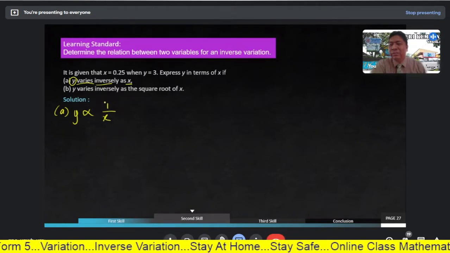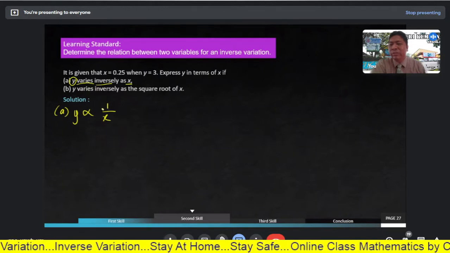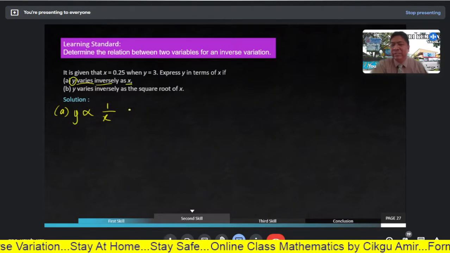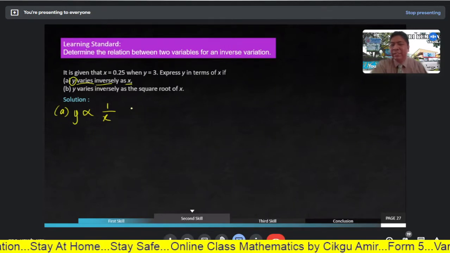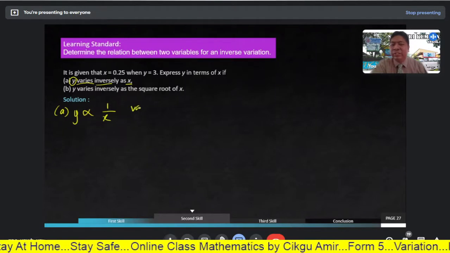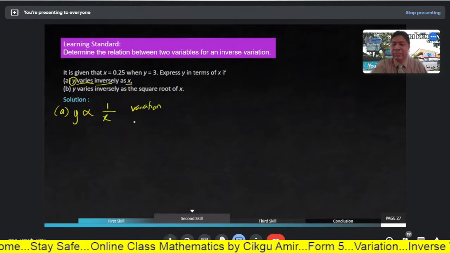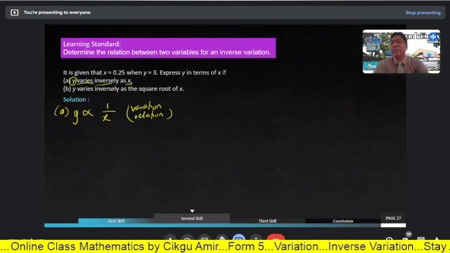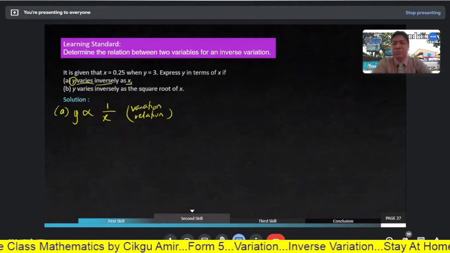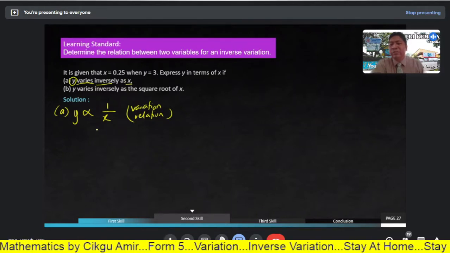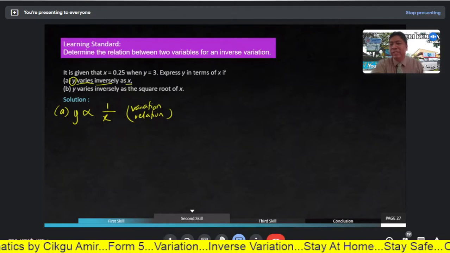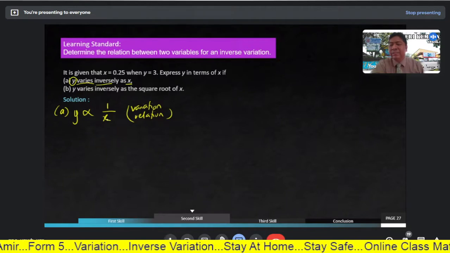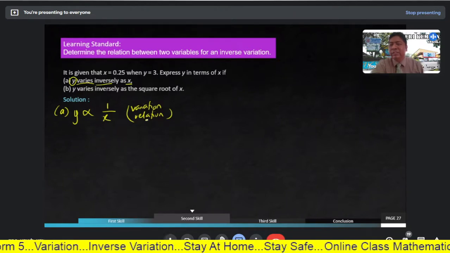Always number 1 here. So this is A, y varies inversely as x in variation relation. This is the first step: from the sentence we change to mathematical form, the variation relation.